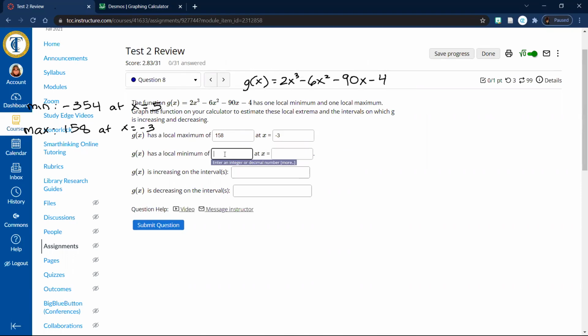Our local minimum would be negative 354. Make sure you put the negative sign at x equals 5. Right. Okay.